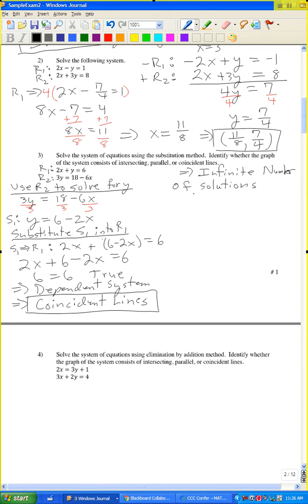Okay, and so let's find my one parameter family of solutions. So this will be a one parameter family of solutions. So let x equal t.